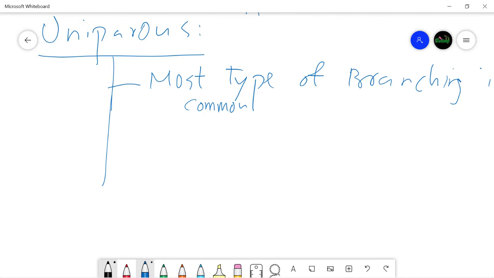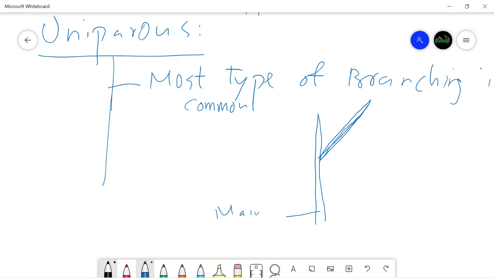Now in Uniparous branching, what happens is that the main axis stops growing and then it gives off one branch below the apex. After that branch is produced, this branch again stops growing, and now it will give off one branch below the apex in the same manner as happened in the main stem.